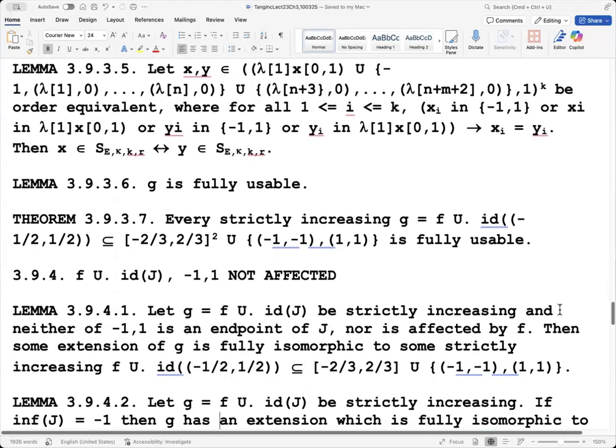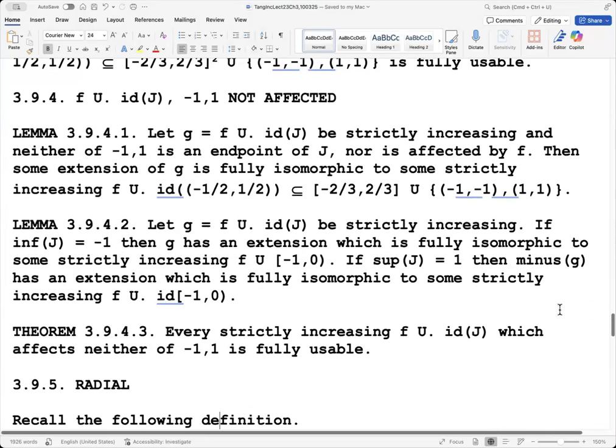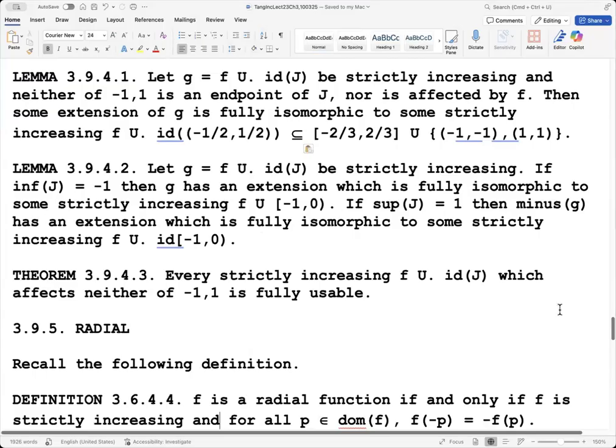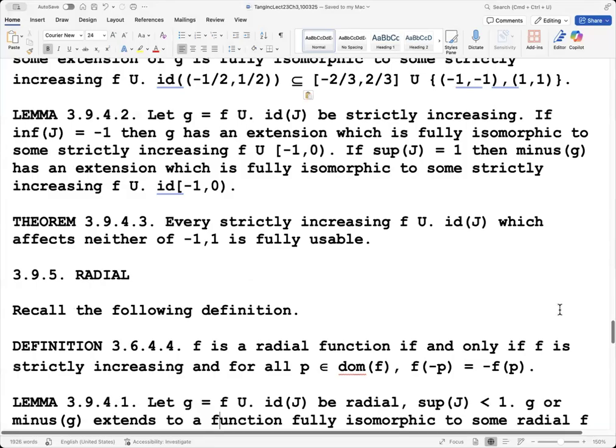But now we're going to go to radial. And in radial, we normally even have minus one and one being affected, because we have f of minus p equals minus f of p. So f of minus one equals minus f of one.